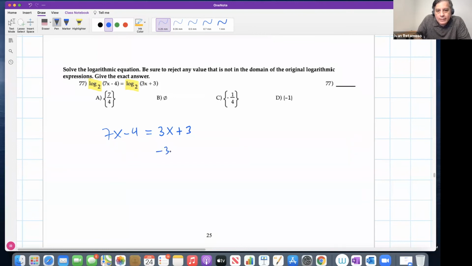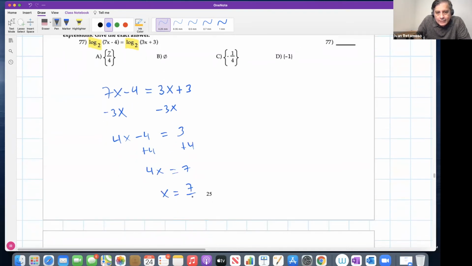From here, you can solve this linear equation and get that 4x minus 4 equal 3. Adding 4 to both sides, 4x equals 7, dividing by 4 both sides, x equals 7 over 4.